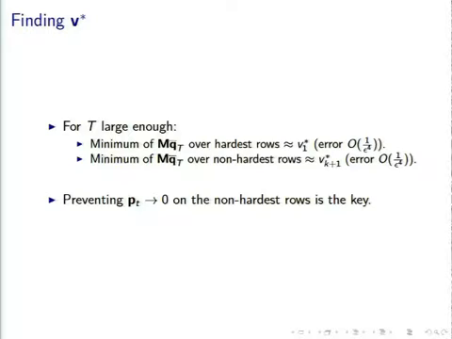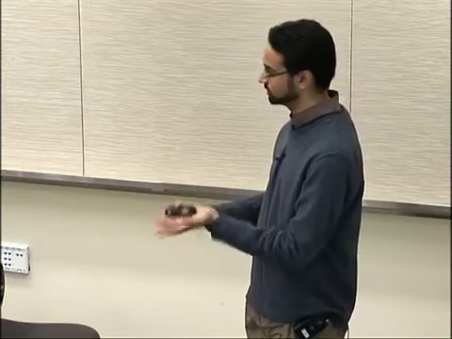So if I do this scheme that I just described, identify the hardest rows, then start from scratch and then differentially normalize, then the minimum over the hardest rows will be v1, the hardest, smallest value. And the minimum over the non-hardest rows is going to be v star k plus 1. So it's like I was saying earlier, I'm running the algorithm in parallel on these two groups, and they're each computing this value separately.